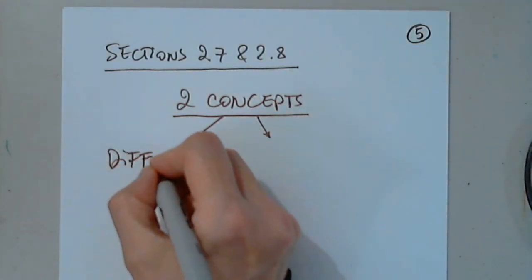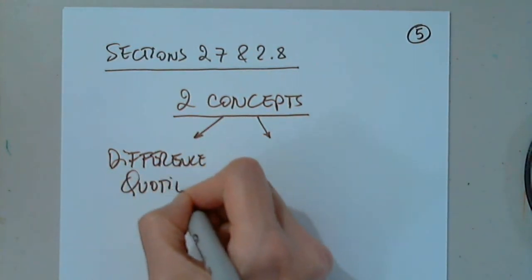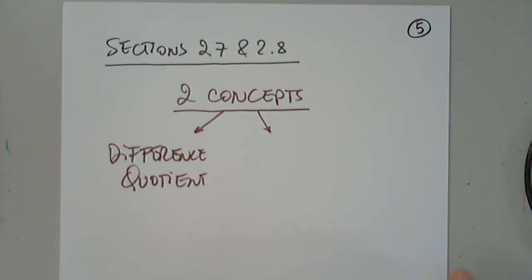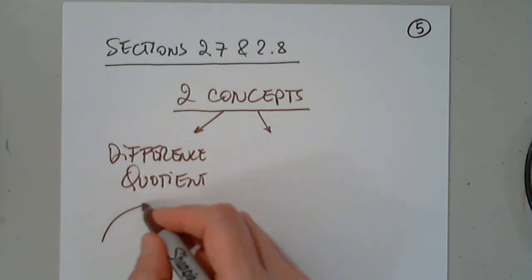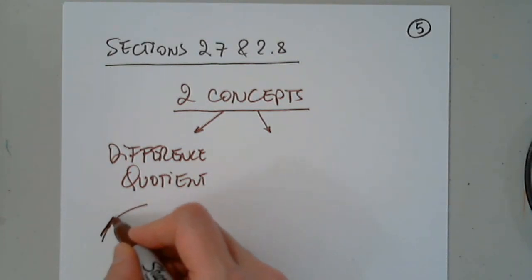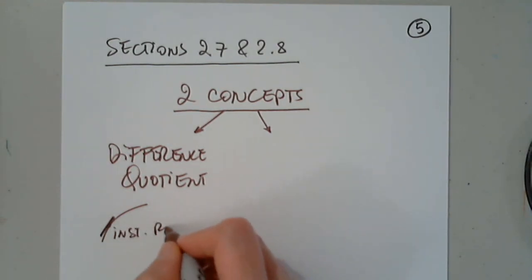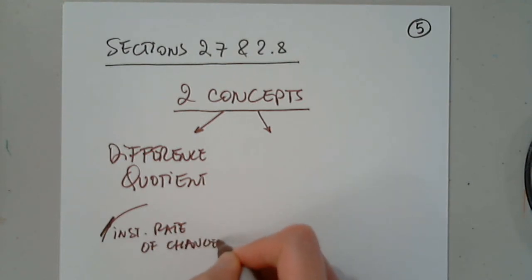Difference quotient. So what are we trying to determine with the difference quotient? We are really trying to determine the slope of this line, which is the instantaneous rate of change. This is what we're trying with the difference quotient.